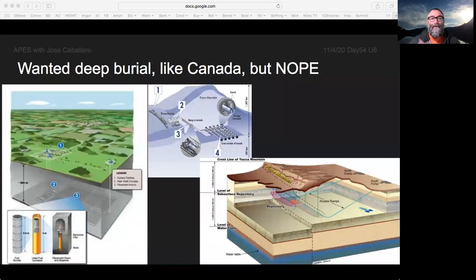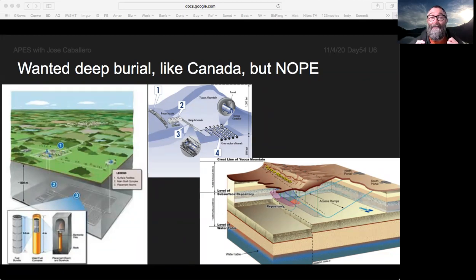You see, if you were going to bury this, you have to bury it really, really far underground, like generally underneath geologic features. And Canada does this. Canada inspired the United States to plan on this. And so we spent like 30 years looking for a place in the country where we could do this, and nobody wanted it. And everybody's like, pick on Nevada because nobody likes Nevada.